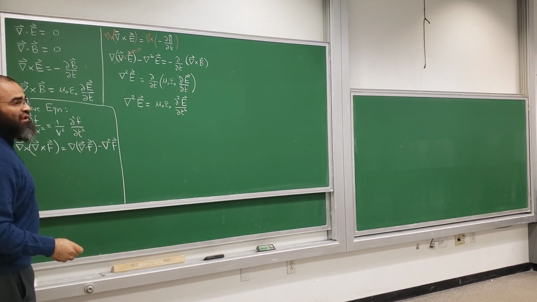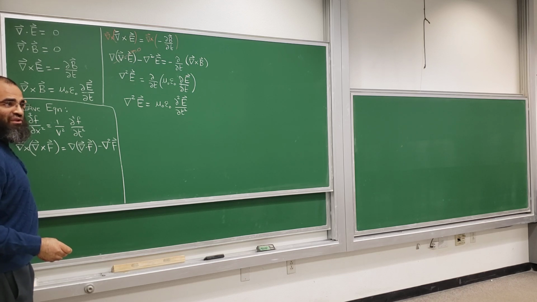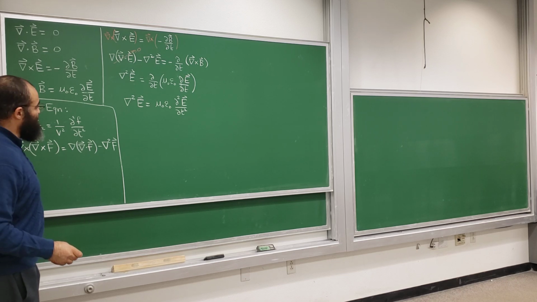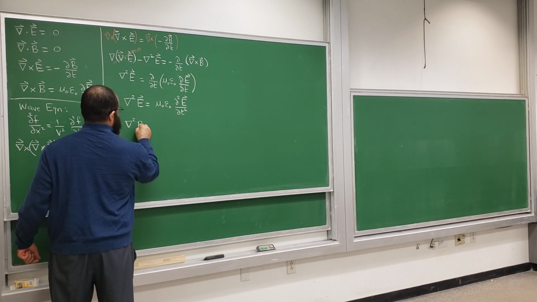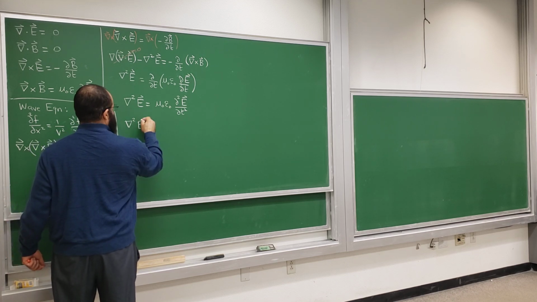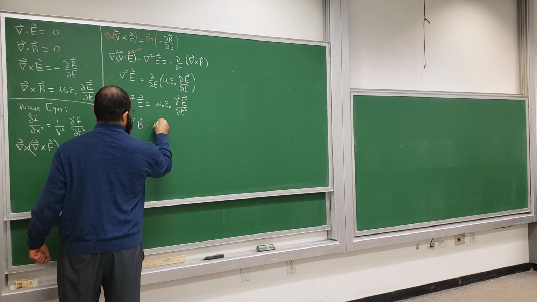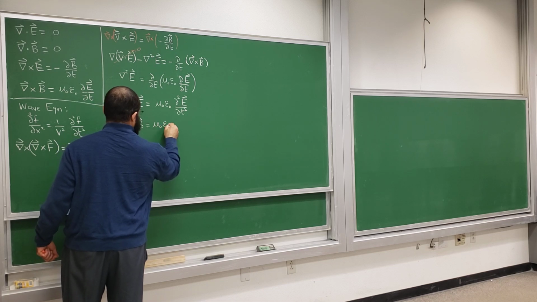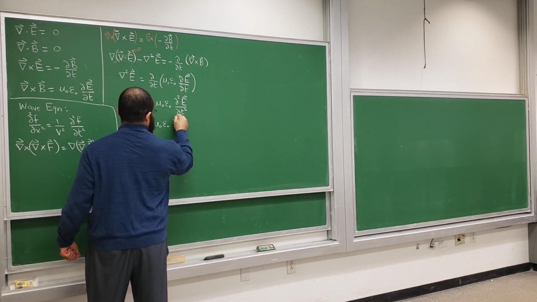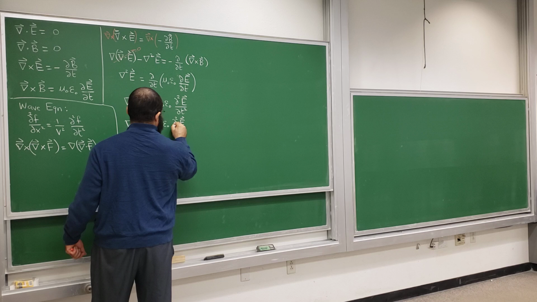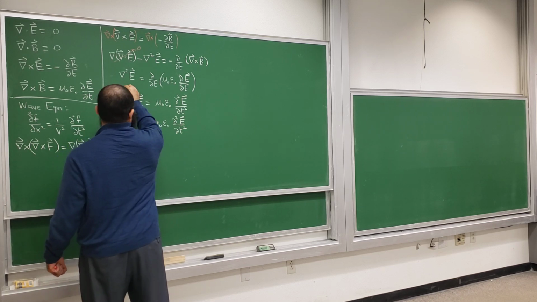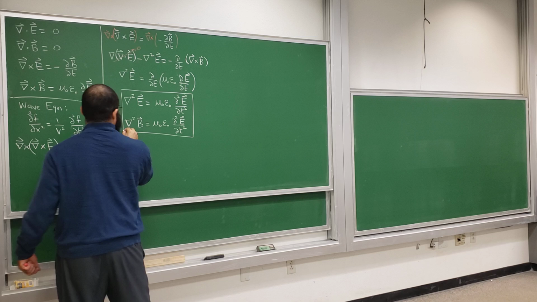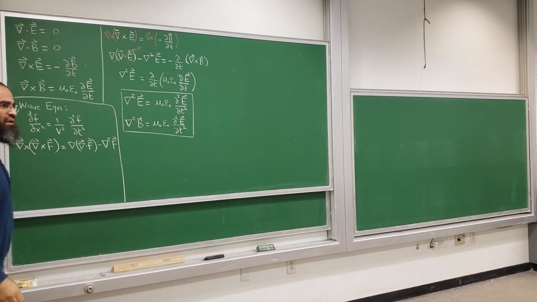We also did the same thing to this equation, and I would just write the result. It was exactly the same thing, but instead of E, you have B. So these two equations.